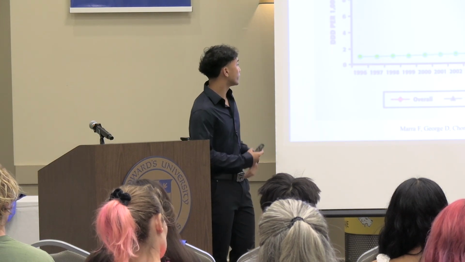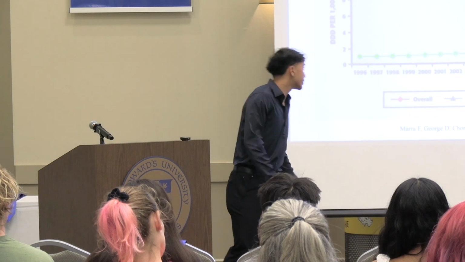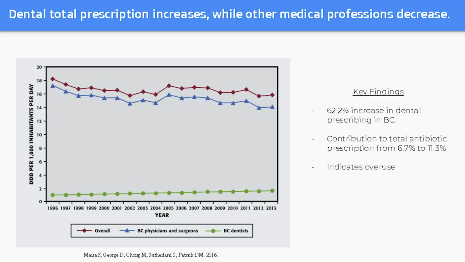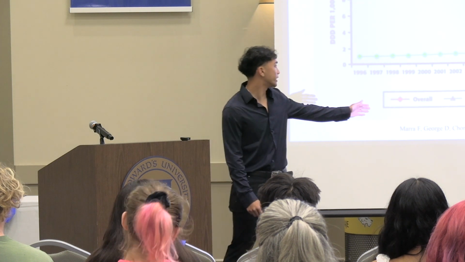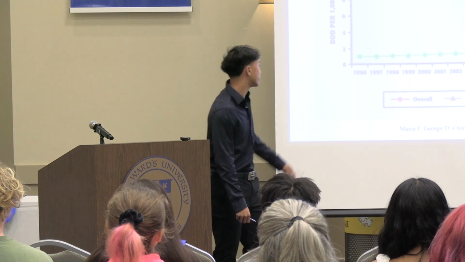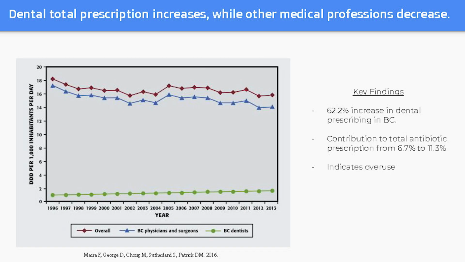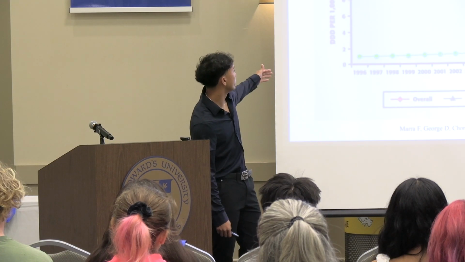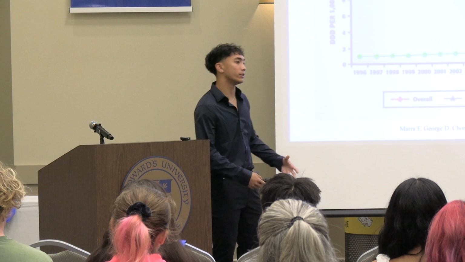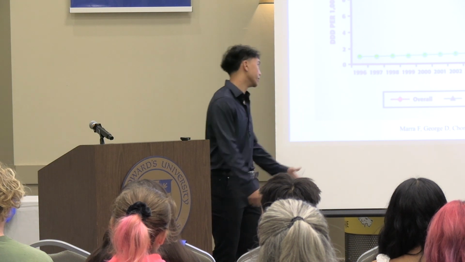And so here, this first study was done in British Columbia, and this tracks just the total antibiotic prescription from different disciplines, whether that be physicians or surgeons or dentists. As we can see on the bottom, this is tracking from 1996 to 2013. And on the y-axis, we show a defined daily dose, which shows how much antibiotics are being prescribed and used.